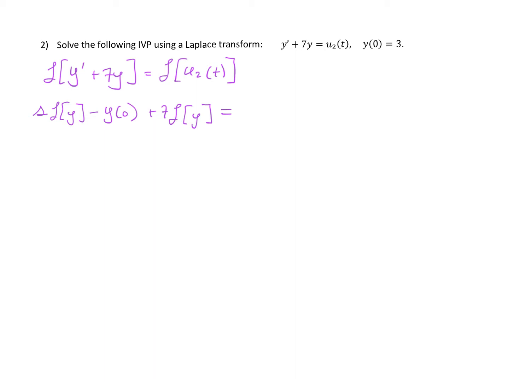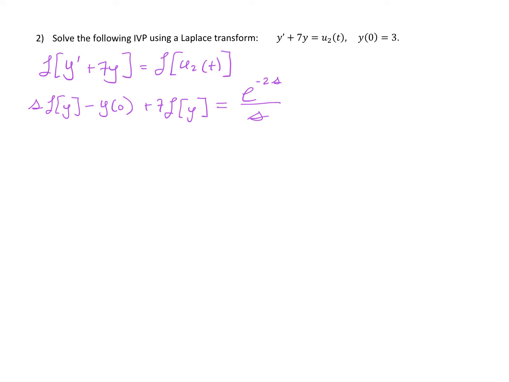So this is going to be e to the negative 2s over s. Okay, so next I can replace y of 0 with a 3 because that is given. So s Laplace of y minus 3 plus 7 Laplace of y equals e to the negative 2s over s.